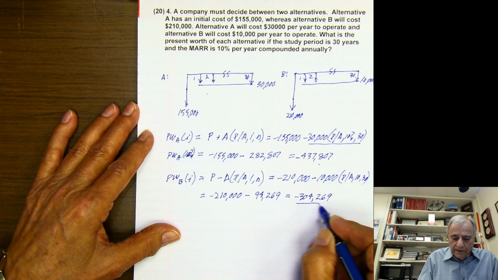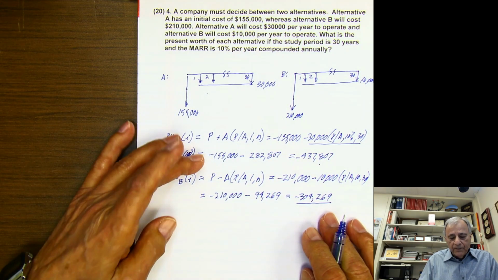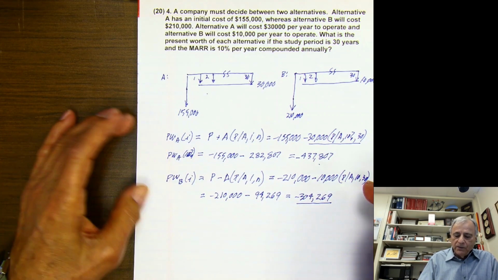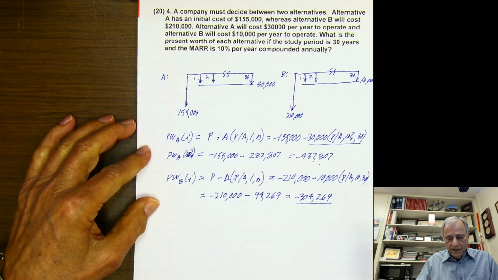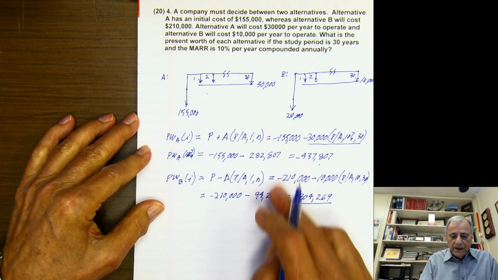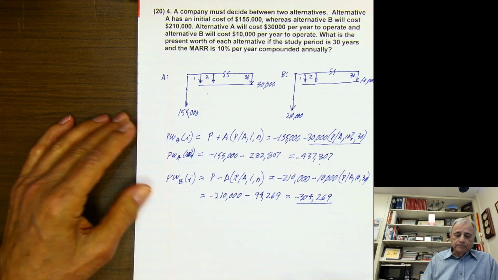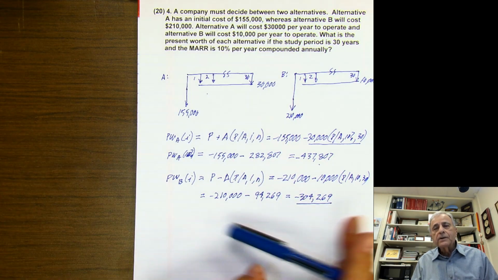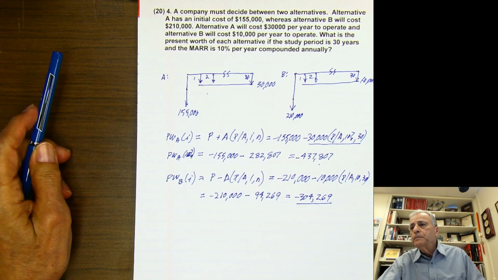So clearly B is much better. You pay a little bit more up front, but you save 20,000 a year for 30 years, and that has a significant reduction in present value. So that concludes our problem for chapter 4.